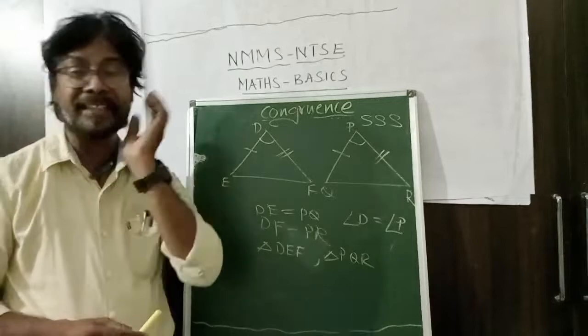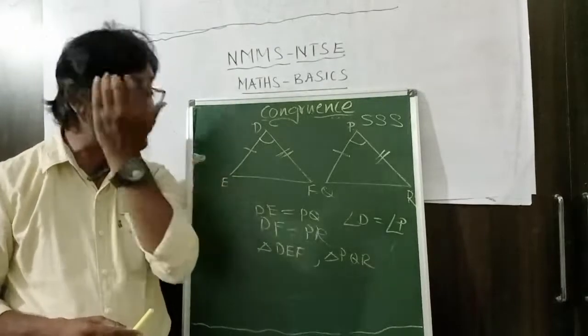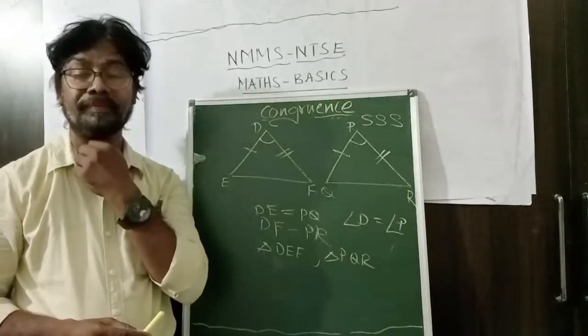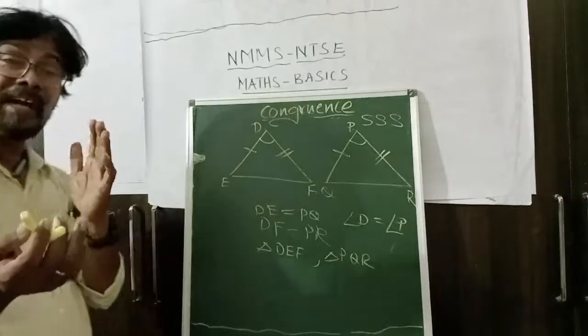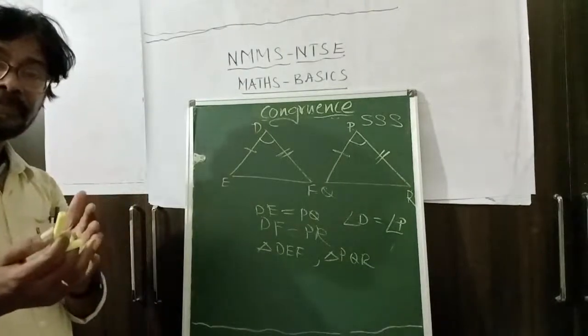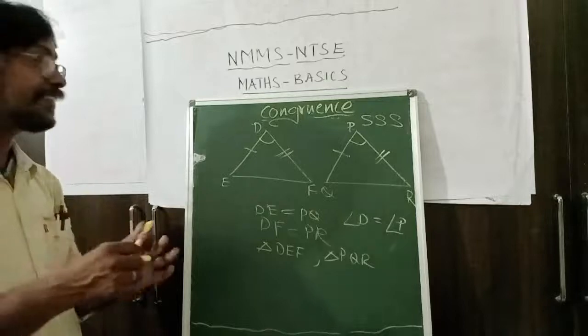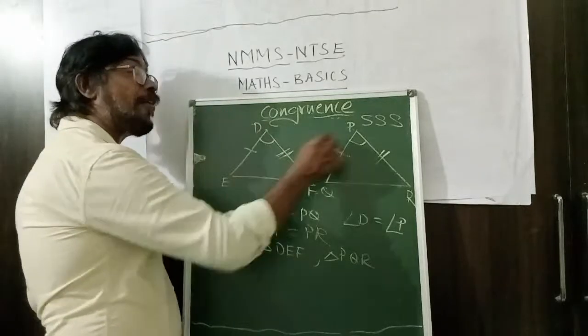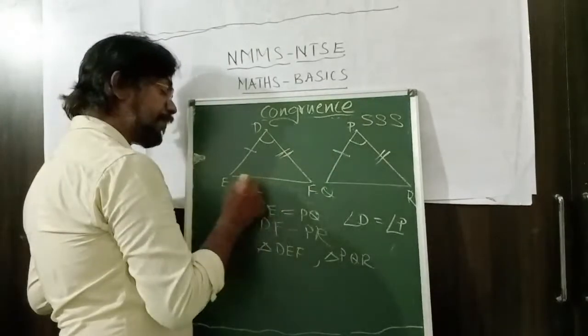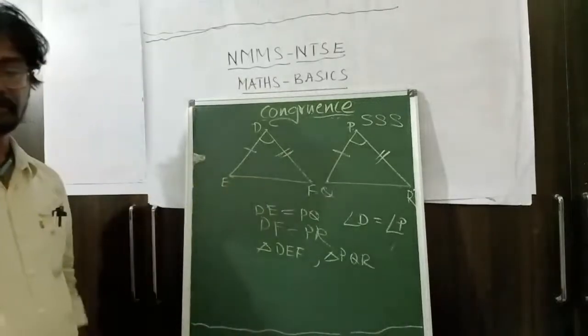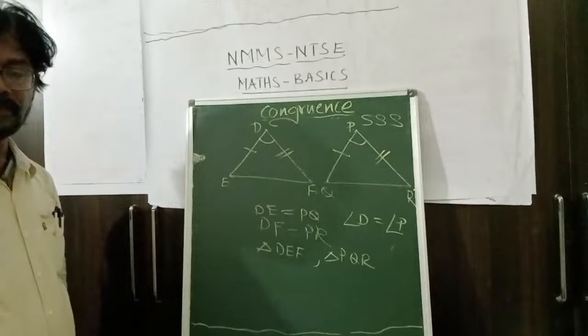We say these are symmetrical triangles. And all the three vertices superimpose each other. D overlaps on P, F overlaps on R. Understand?